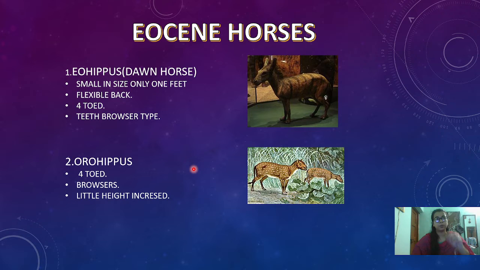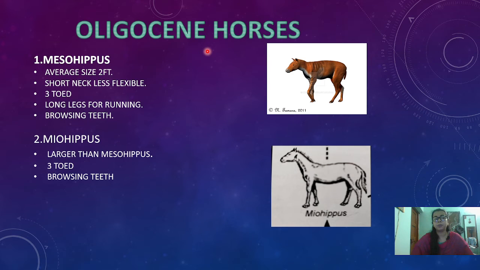This is all about the Eocene horses, and you can see how small they were, like a dog. Then gradually, when they came to the Oligocene time period, their height increased a little. In Mesohippus the average height was 2 feet. First they were 1 foot, then it gradually increased until they reached the Oligocene.